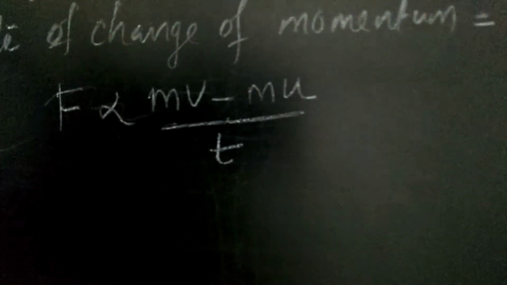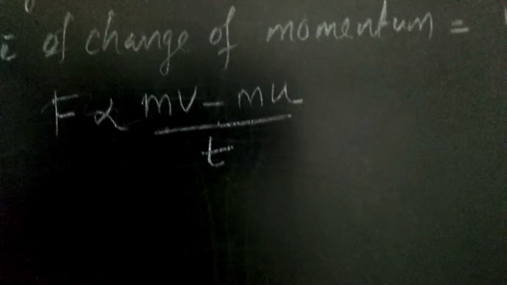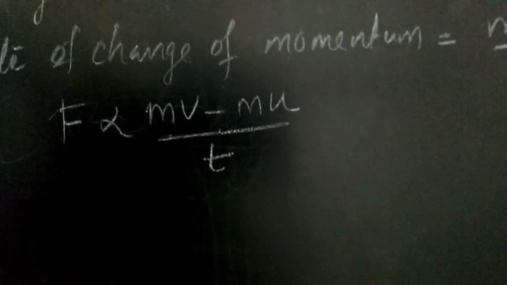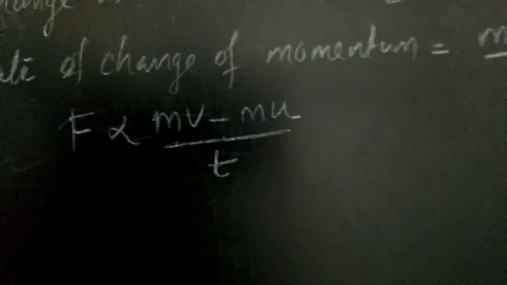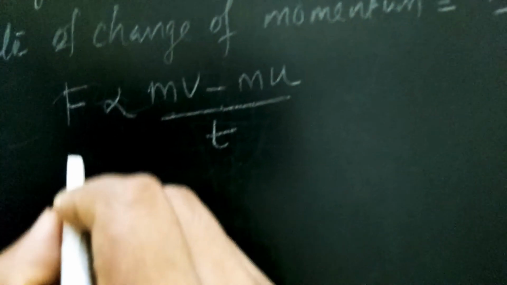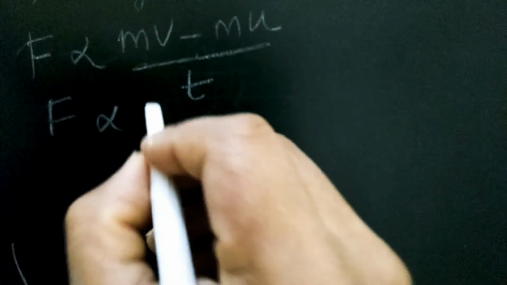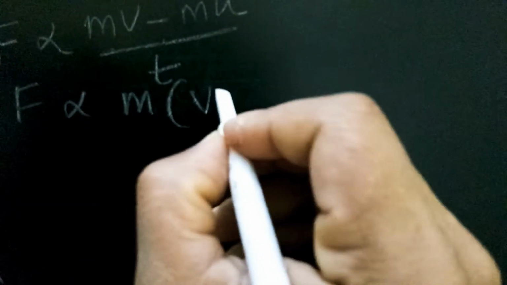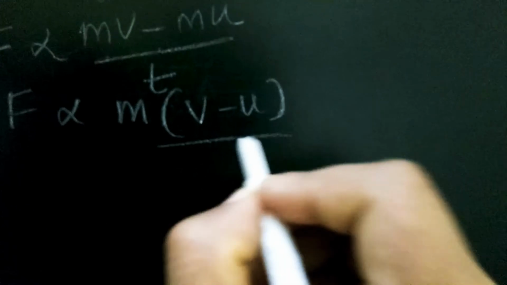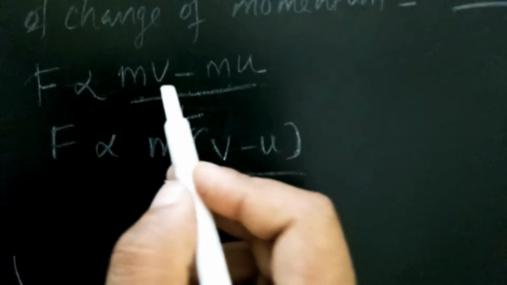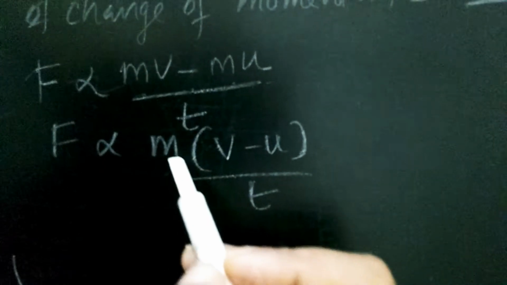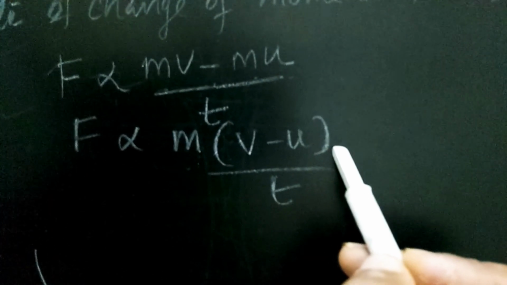This is the mathematical expression for the second law. The common term m we can take outside, so F is proportional to m into v minus u by t.